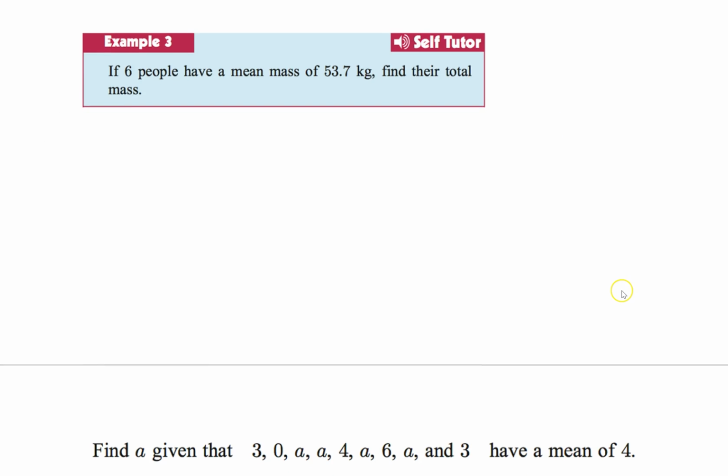Let's go through another quick example. In this one, 6 people have a mean mass of 53.7. Find the total mass. So it has to do with the mean. Now we know how to find the mean. It's the total sum over the total number of values. In this case, they gave us the mean, so that's 53.7 over here.